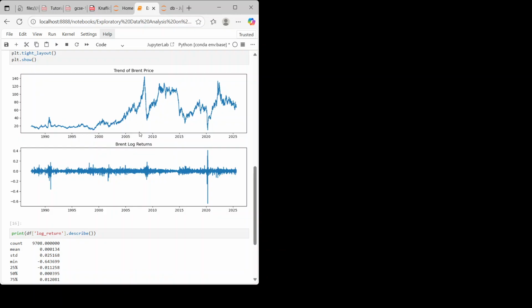So in 2008, the prices skyrocketed just before the global financial crisis happened, and it fell again when the crisis actually happened in 2009.